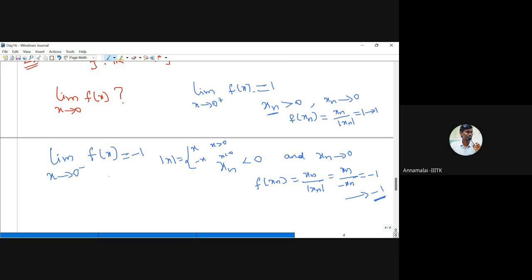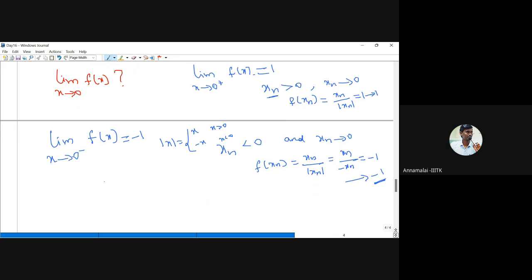Right hand limit and left hand limit exist, but both have different values. Therefore, the limit does not exist. Got it? So, limit x tends to 0 of f of x does not exist, since the right hand limit of your function at the point 0 is not equal to the left hand limit.